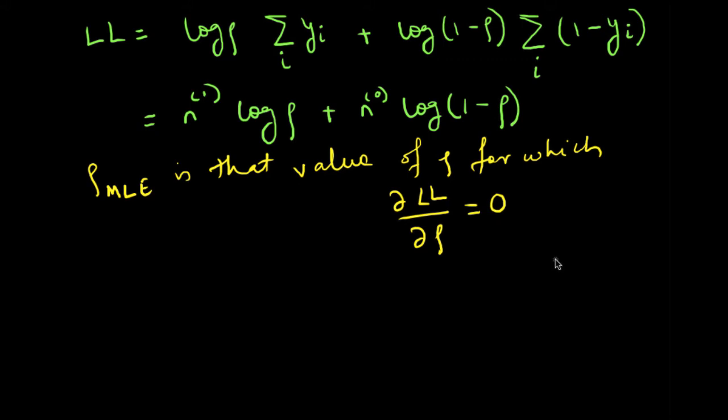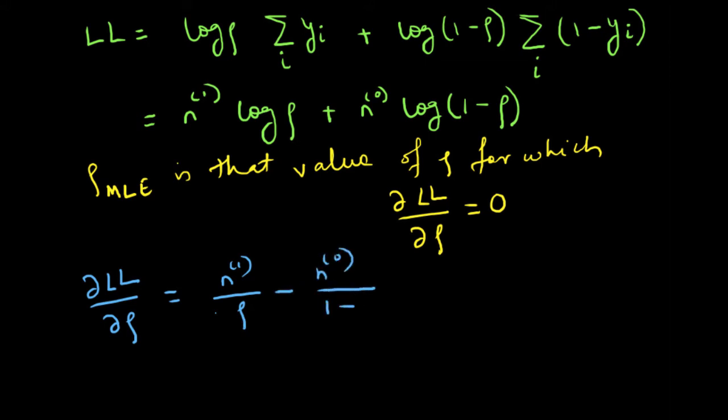So you take dou LL by dou rho, that is simply equal to n of 1 by rho minus n of 0 by 1 minus rho, and you equate that to 0.